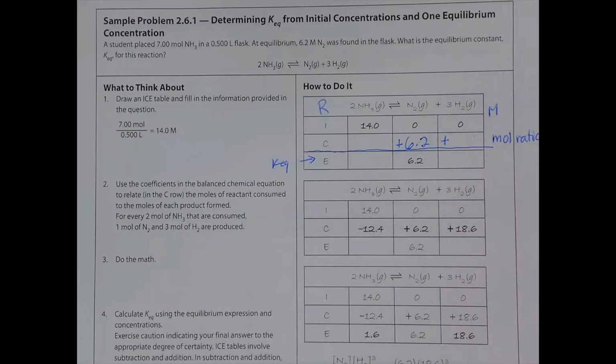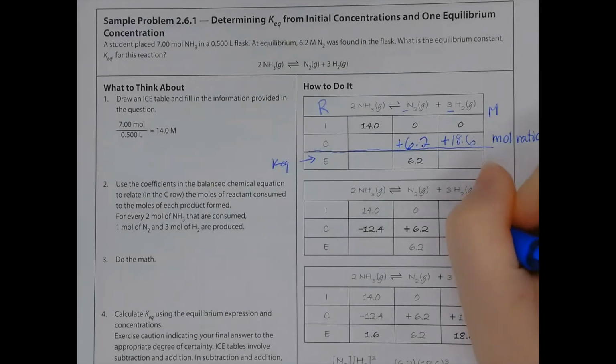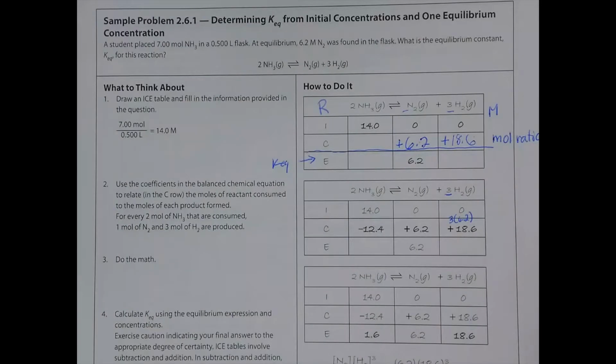I'm increasing my amount of products. Now hydrogen, it's a 1-to-3 ratio to nitrogen, so hydrogen is going to make 3 times that amount. So you can see down here they put in 18.6. So that's where that comes from. It's 3 times 6.2 is how they got 18.6, and that's just based off hydrogen being 3 times bigger.